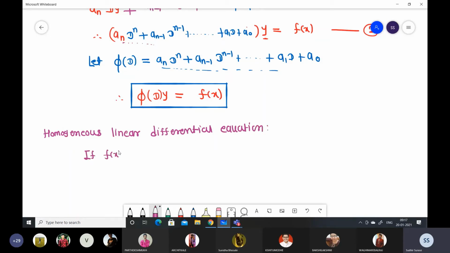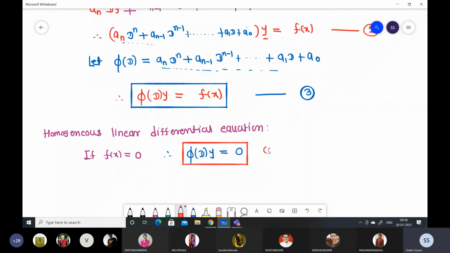If f of x is equal to 0 for any value of x, then let me call this equation 3. Therefore phi of D times y equals 0. Such an equation, phi of D times y equals 0, is called a homogeneous linear differential equation.